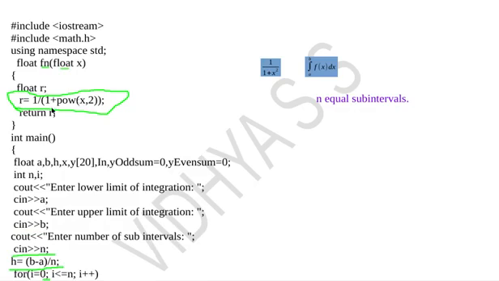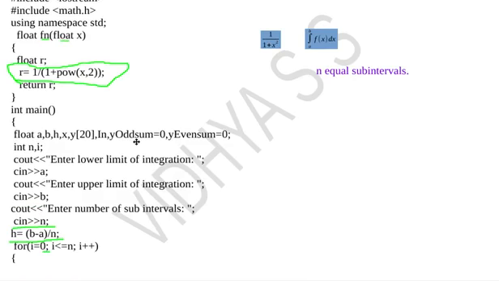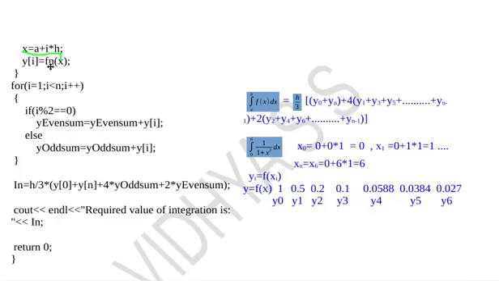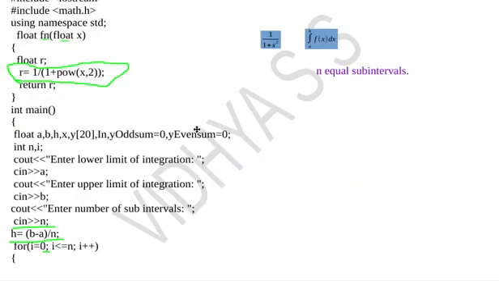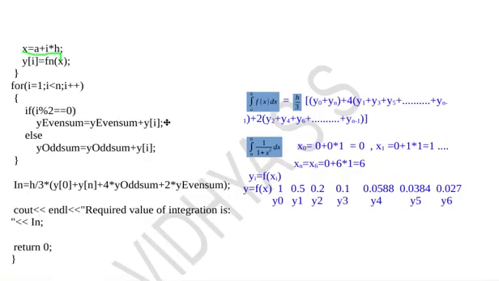So 0, 1 by 1 plus 0, that is 1, will return. So here y0 will be equal to 1. In the second case, x1 will be equal to a, which is 0, plus 1 into 1. i is 1, so 1 into 1 is 1. So here fn of 1 will pass. So in the function, 1 by 1 plus power of x, which is 1, comma 2, that is 1 by 2.